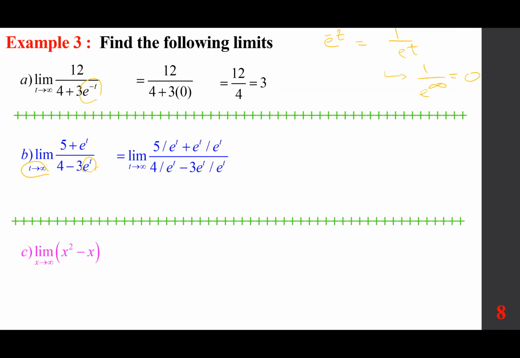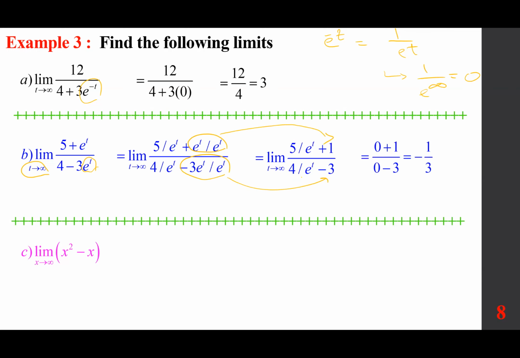We do that, we simplify each expression. This becomes 1, this becomes -3. 5 over e to the power of t, 4 over e to the power of t, both of them go to 0. We end up with 1 over -3, which is -1/3.